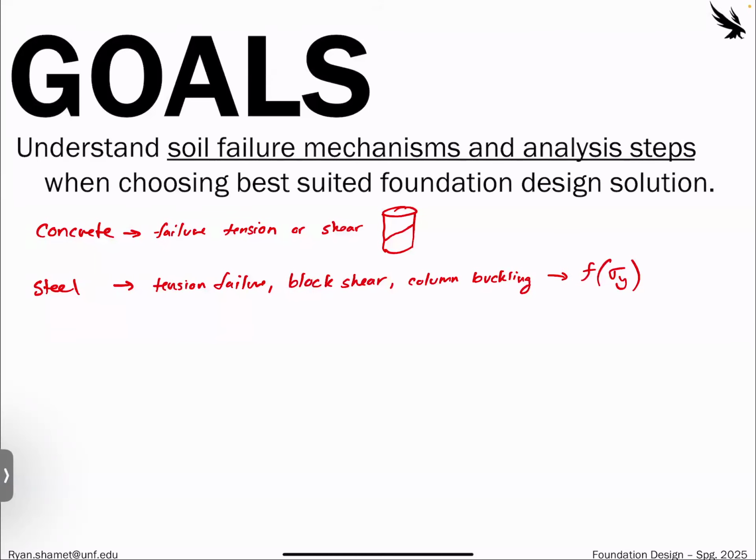Of course, with soil, you can kind of imagine, how does soil fail? Or how could a structure fail from a soil standpoint? Yeah, settlement.